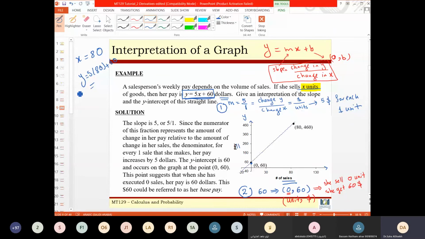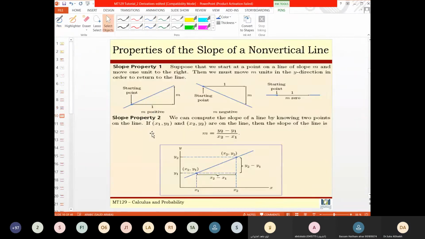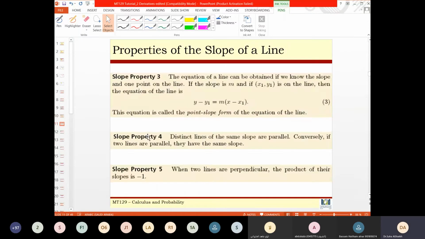So this is 460. One more slide here. Two more slides actually.